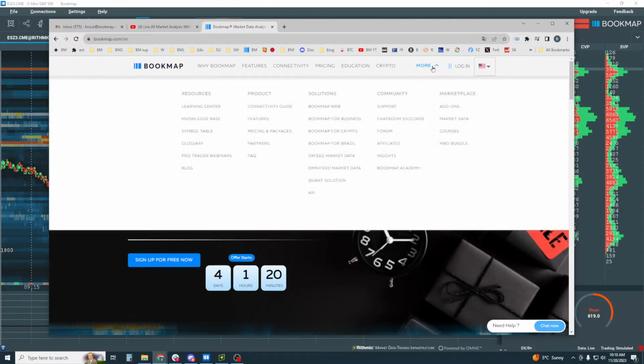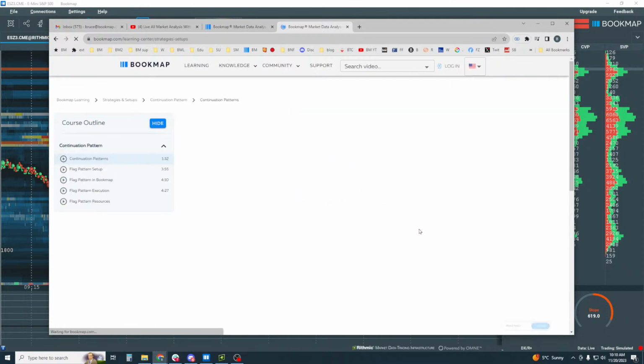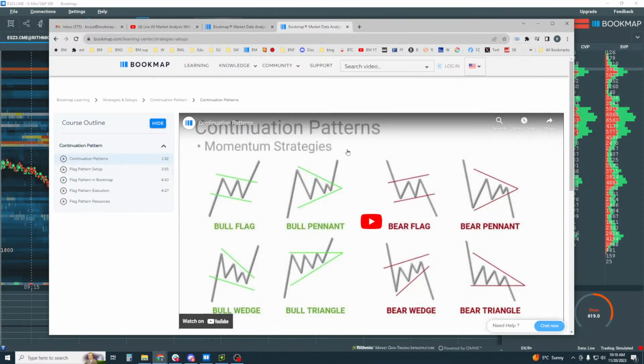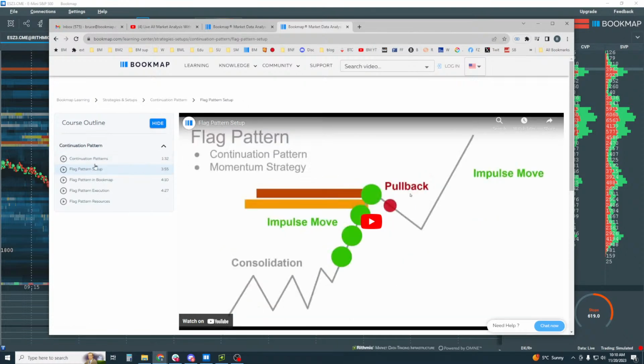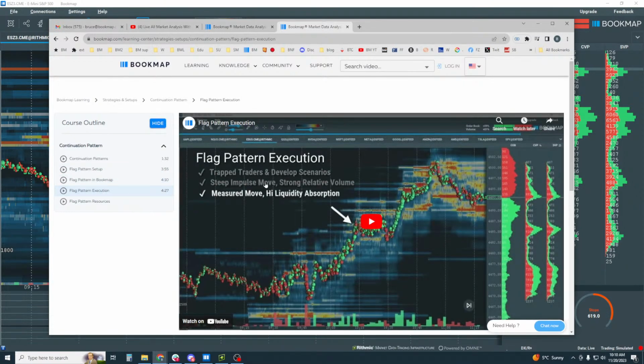If you're interested in this, let me just show it to you. In the Learning Center, from the More button, go to strategies and setups, and then the continuation pattern, this flag pattern. We covered it in here. There are four different videos, but these three are the bulk of it: seeing it in diagram form, seeing it within Bookmap, and then seeing how to go through the checklist to look for something that is higher probability.